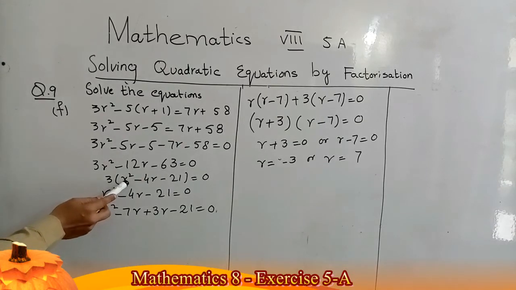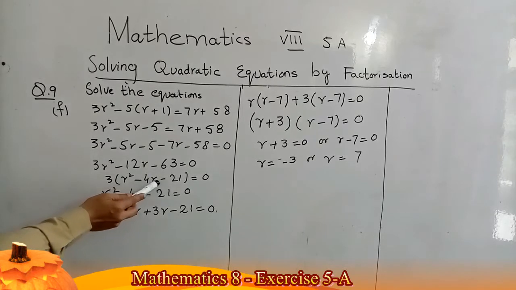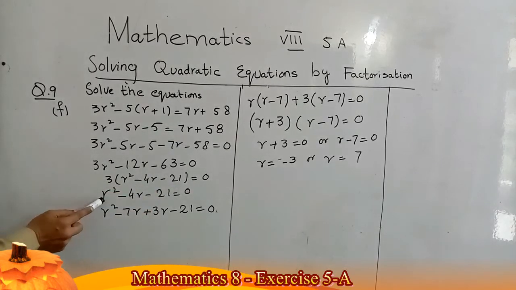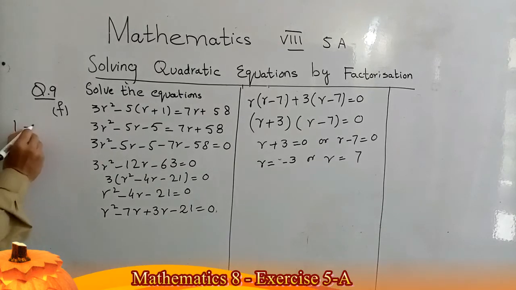So I will have here r square minus 4r minus 21. So r square minus 4r minus 21 is the standard form. So here the coefficient of r square is 1 and the constant term is minus 21. Their product is minus 21.